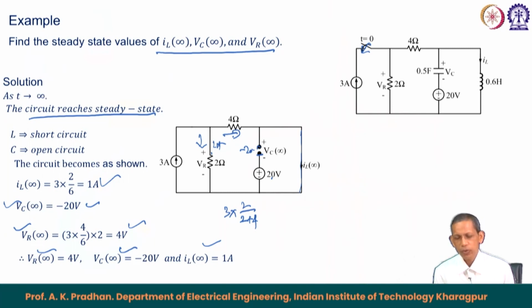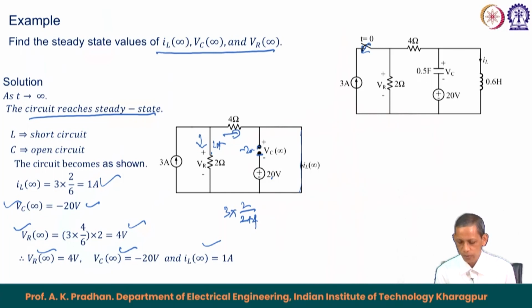So, that way we can see that the initial current, initial voltage, and the final current and final voltage in different branches of capacitor, inductor, resistance, you can find from the basic fundamental concepts: capacitor open circuit in steady state, inductor short circuited in steady state, capacitor voltage does not change instantaneously, inductor current does not change instantaneously.